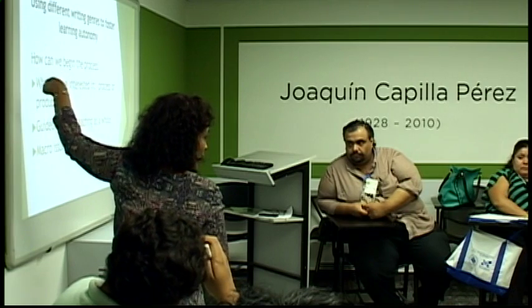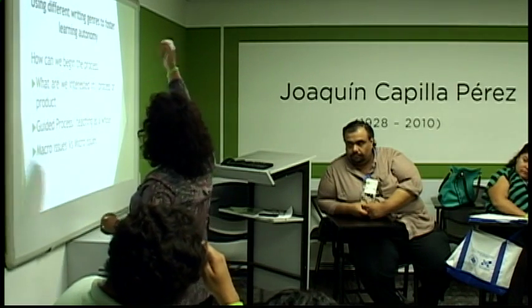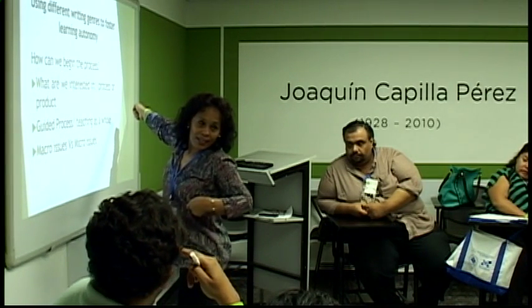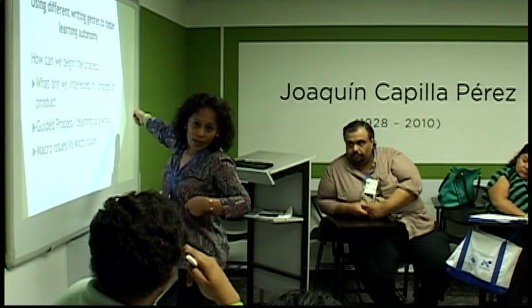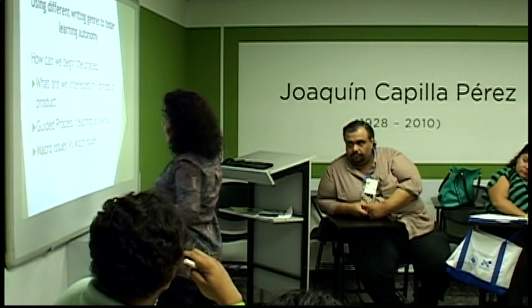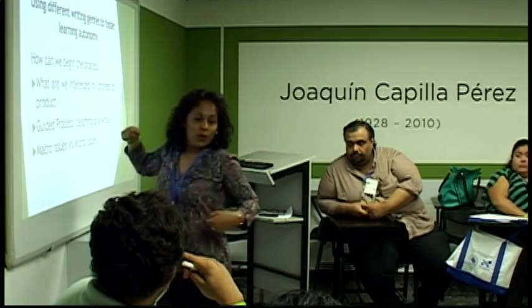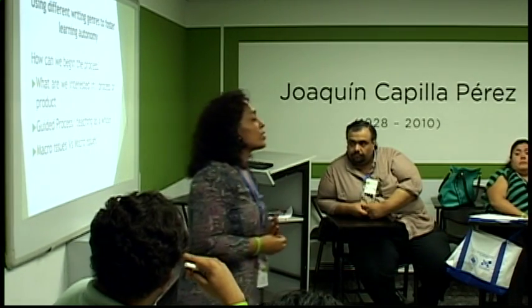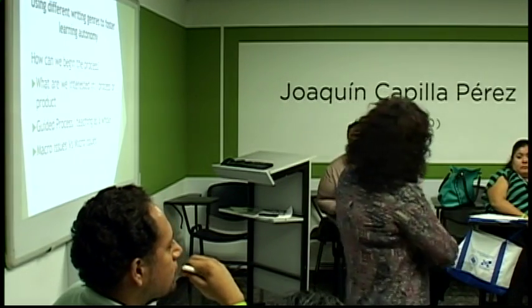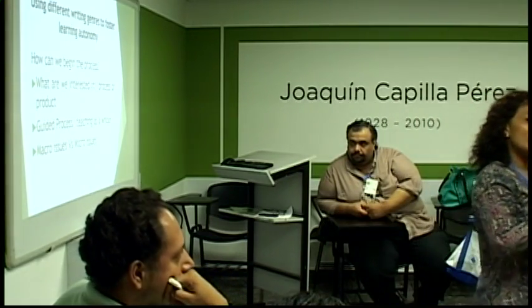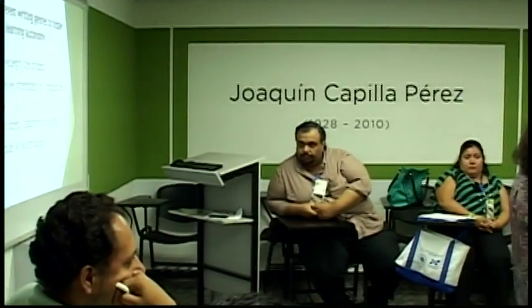Left margin is not justified. Right margin is justified, or this one is justified, this one is not justified. We teach them that we have to use Times New Roman, that it has to be size 12, that it has to be double spaced, okay?